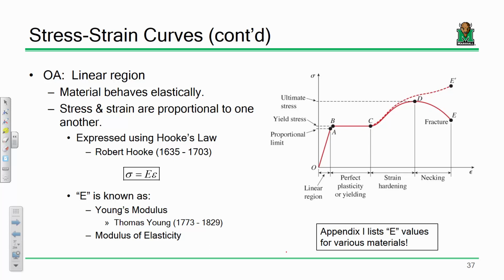You also need to understand the behavior of the materials. If it's steel, what is its Young's modulus? What is its yield stress? And so on and so forth. And so this quantity E is a very important quantity for us to understand. So if you go to Appendix I in the textbook, there's E values for all sorts of different materials. So I'd recommend just checking it out.